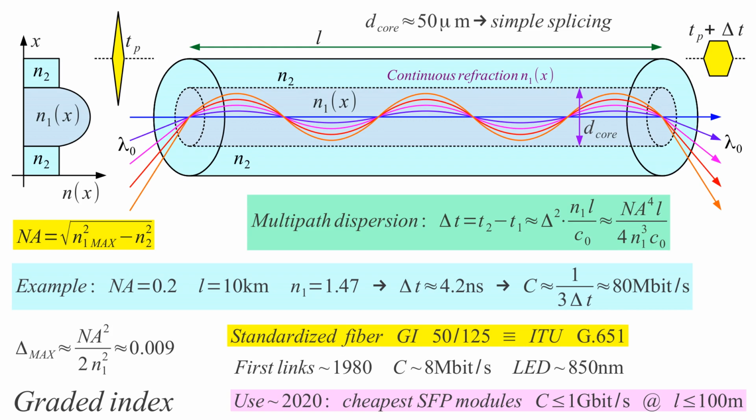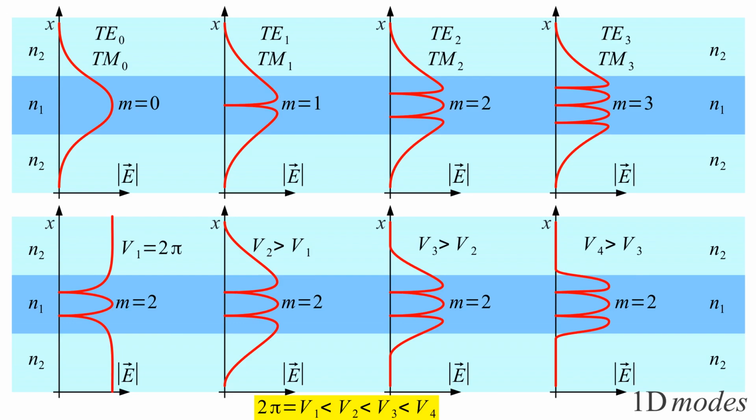So this core diameter here was standardized at 50 micrometers because 50 micrometers could handle even mechanical splices, even various devices that were available, say, half a century ago. On the other hand, single mode fiber was already known at that time.